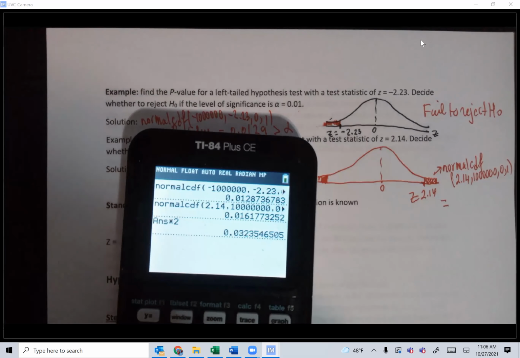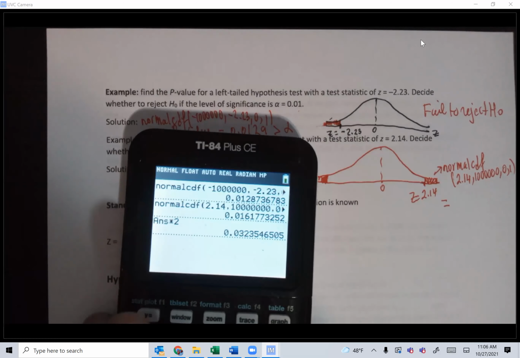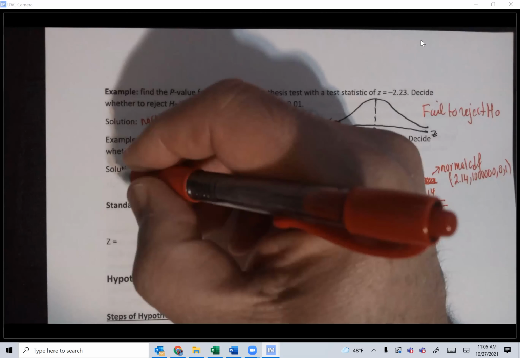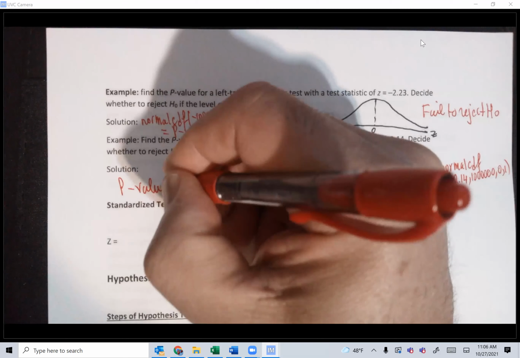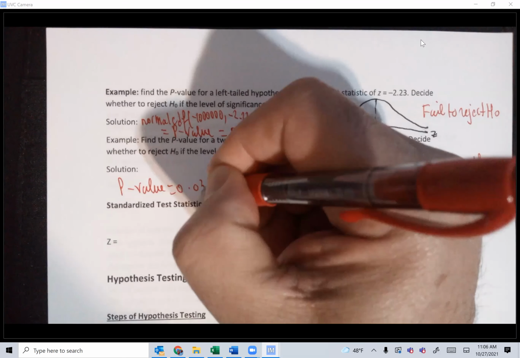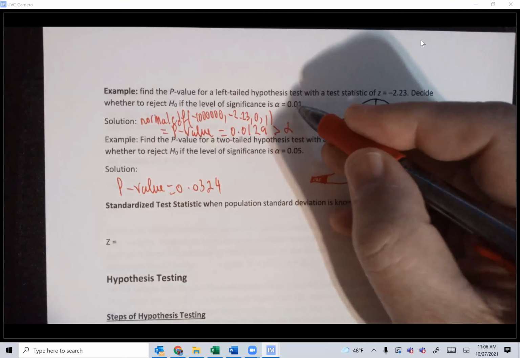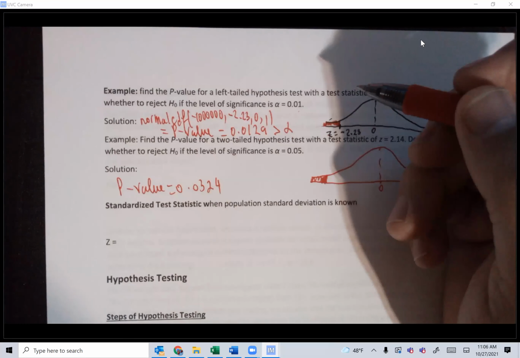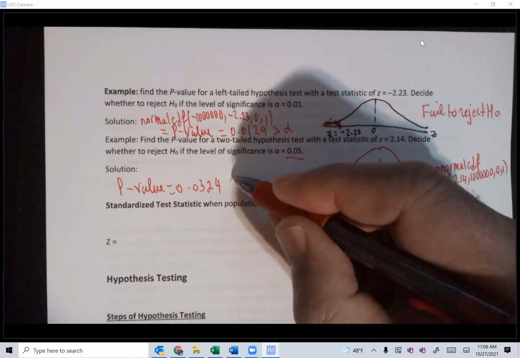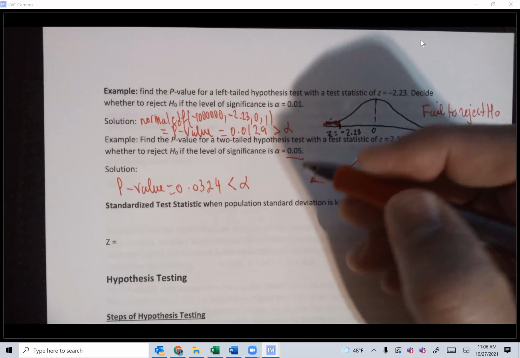So my p-value is 0.0324. Oh, what is alpha? Alpha is 5%, so the p-value is less than alpha. You reject H0.